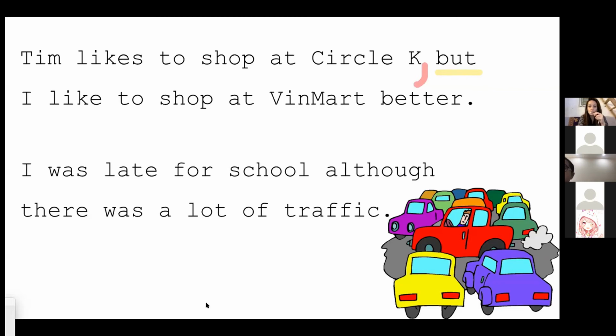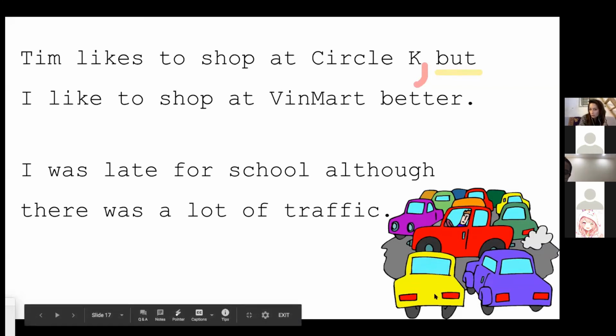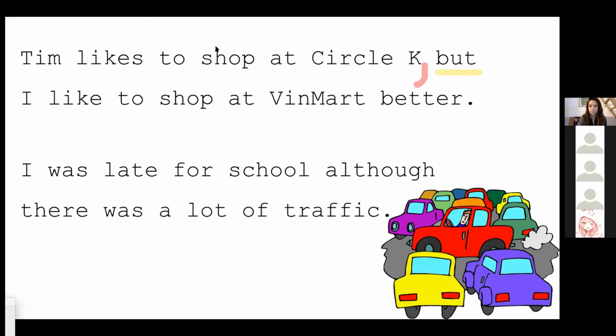I was late for school, although there was a lot of traffic. All right, so what can we fix in this sentence? Think of the words used in this sentence. It's not a comma this time, but it's a word that is used incorrectly. How can we fix this one? Comma next to the word school. Next to the word what?